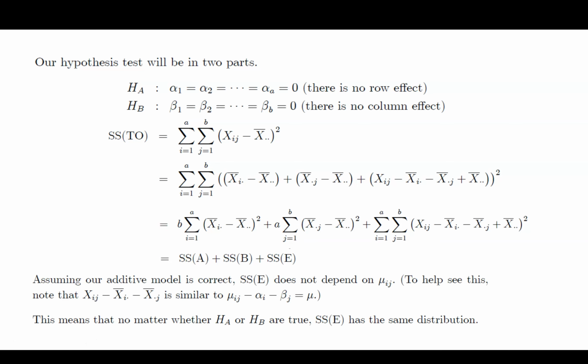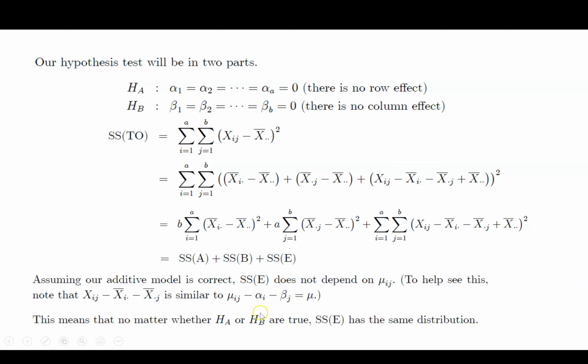All right, so let's talk about the distribution of these pieces. Well, first, notice that this last piece, SSE, assuming the additive model is correct, doesn't depend on mu sub ij at all. What I mean is that if you look at x sub ij minus x bar sub I and minus x bar sub j, notice that it looks like mu sub ij minus alpha I minus beta j.